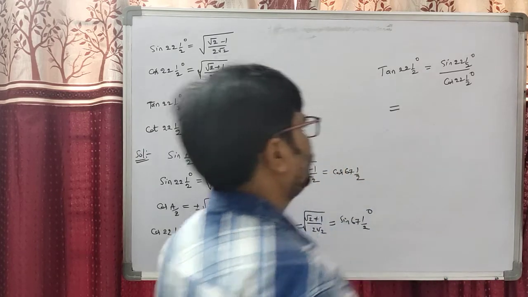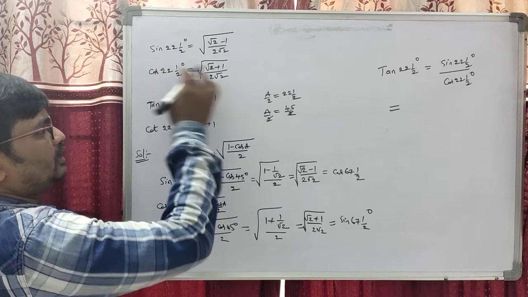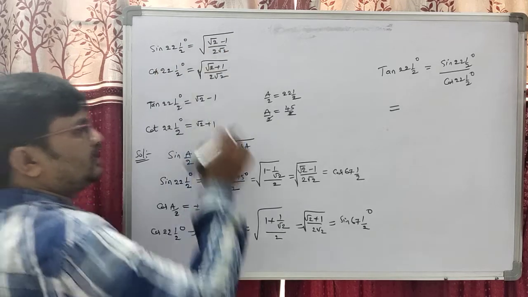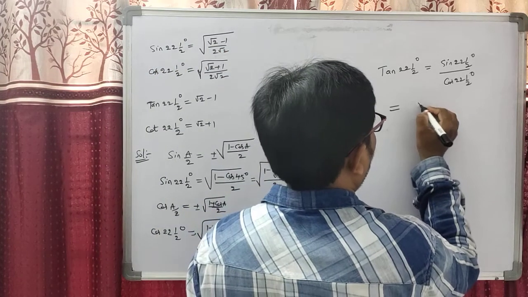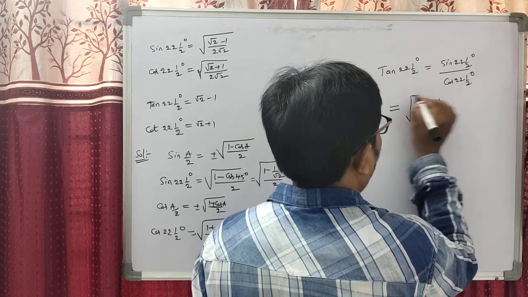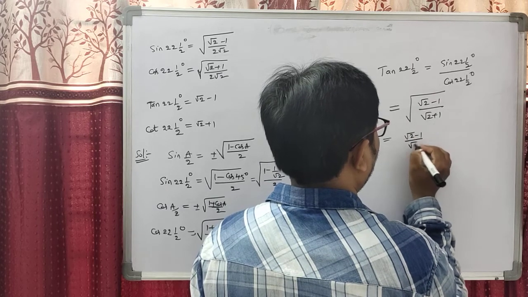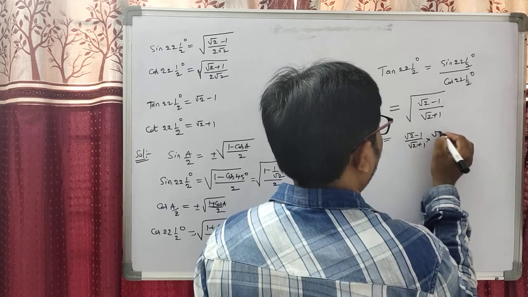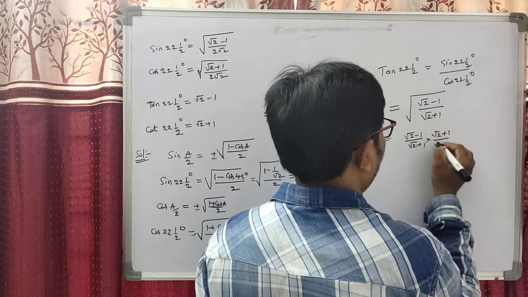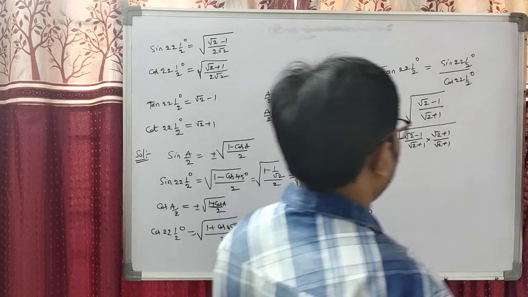So simply we can write sin 22 and a half and cos 22 and a half; the common denominators cancel, giving root of (root 2 minus 1)/(root 2 plus 1). This is, students, root 2 minus 1 over root 2 plus 1.